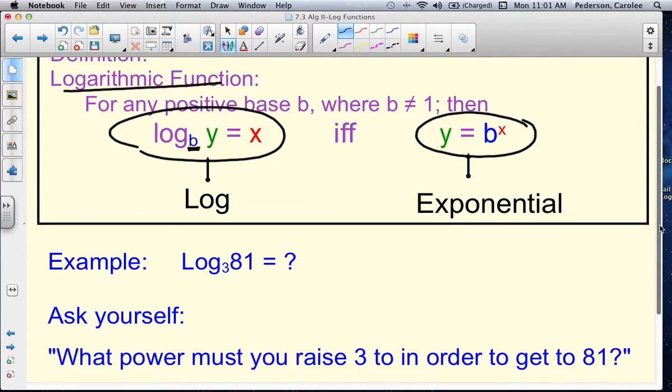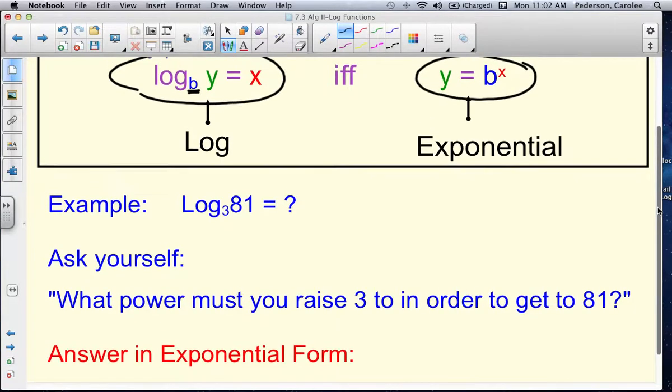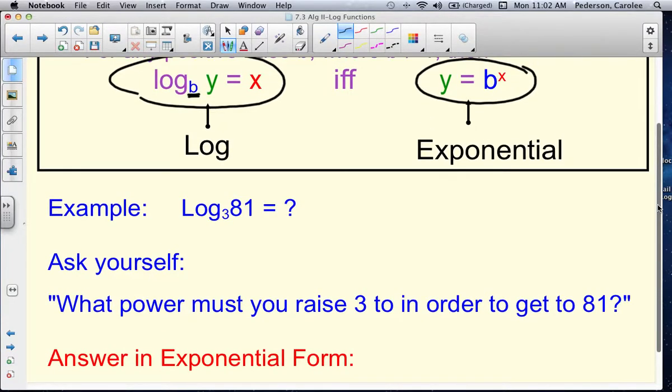Now, let's go ahead and go down to our example. Example, log base 3 of 81 equals question mark. What you say to yourself is, what power must you raise 3 to in order to get to 81? So if I look back up into my box, here is my base.